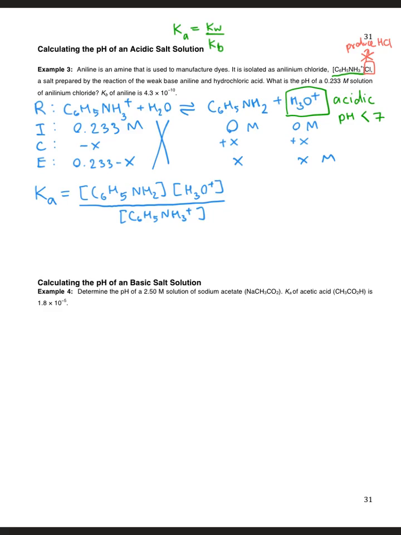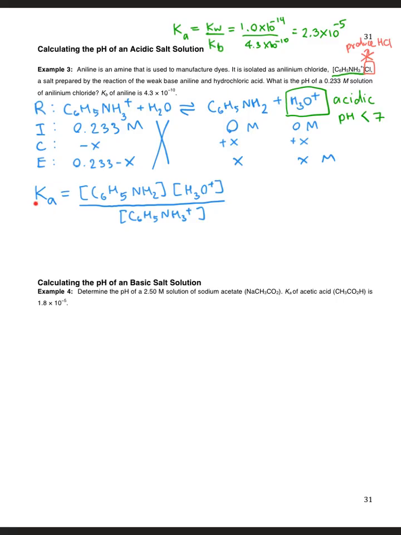The relationship between a conjugate acid-base pair is constrained by Kw. So if you want to find Ka, it will equal Kw divided by Kb. Plugging this value in, you will get 2.3 times 10 to the negative 5.